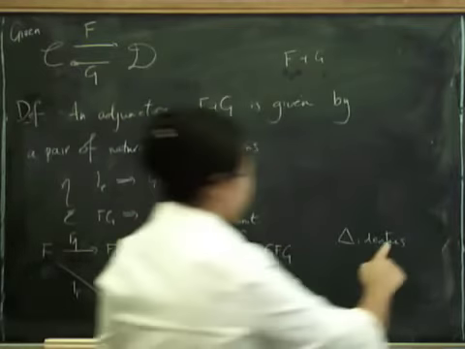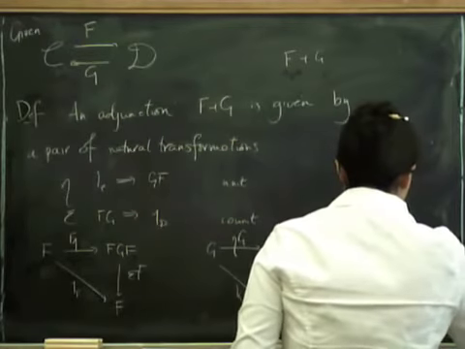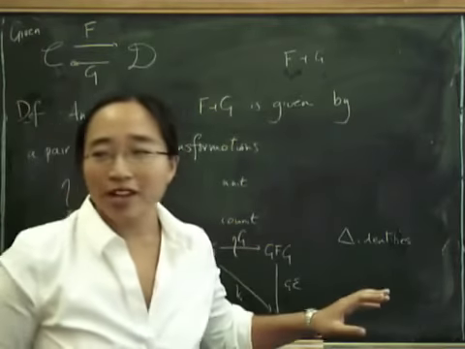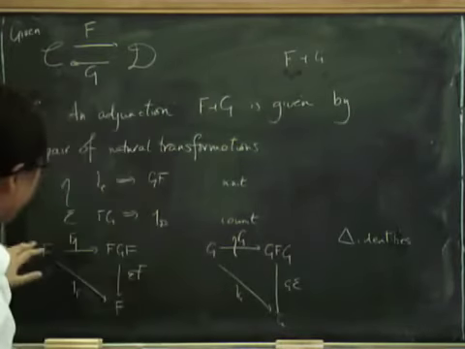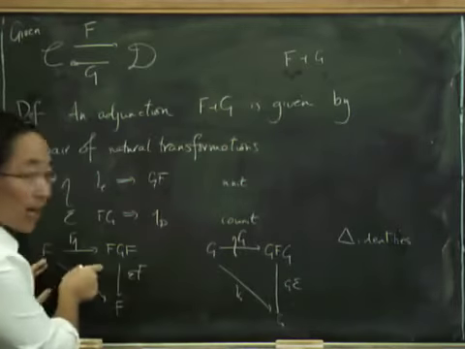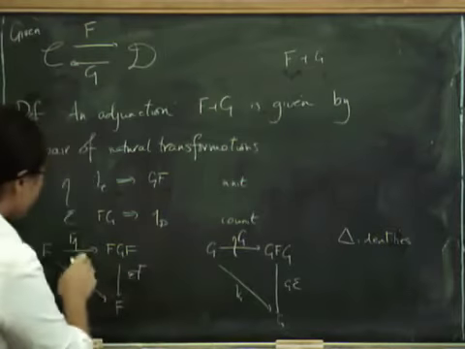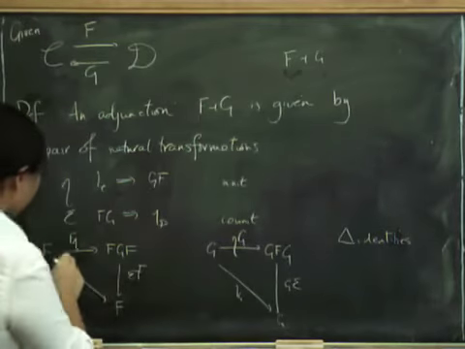I've spelled identity completely wrong. That's better. Just in case you're not very comfortable with diagrams of natural transformations, I'll show you how these work as diagrams on components, because of course this is just the commutativity of some components in the underlying category.